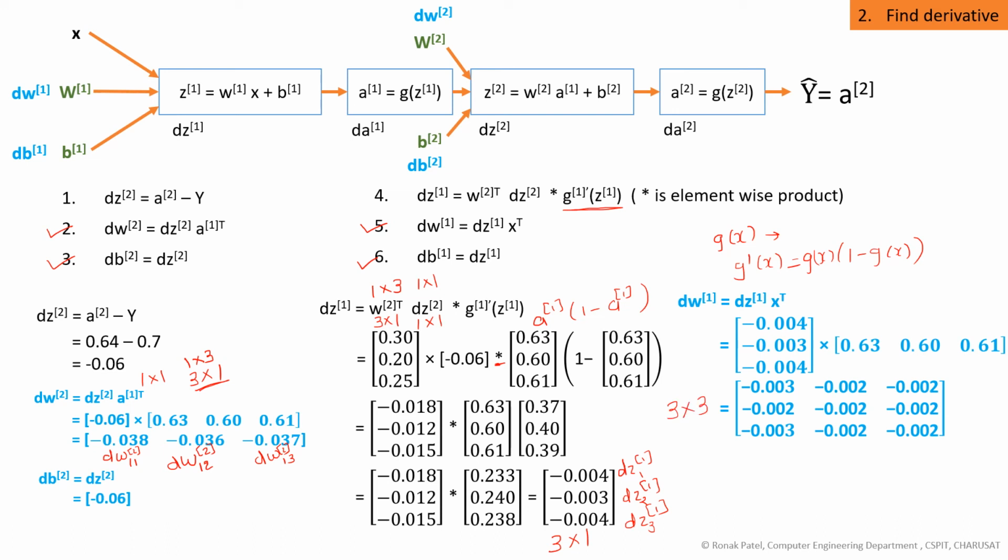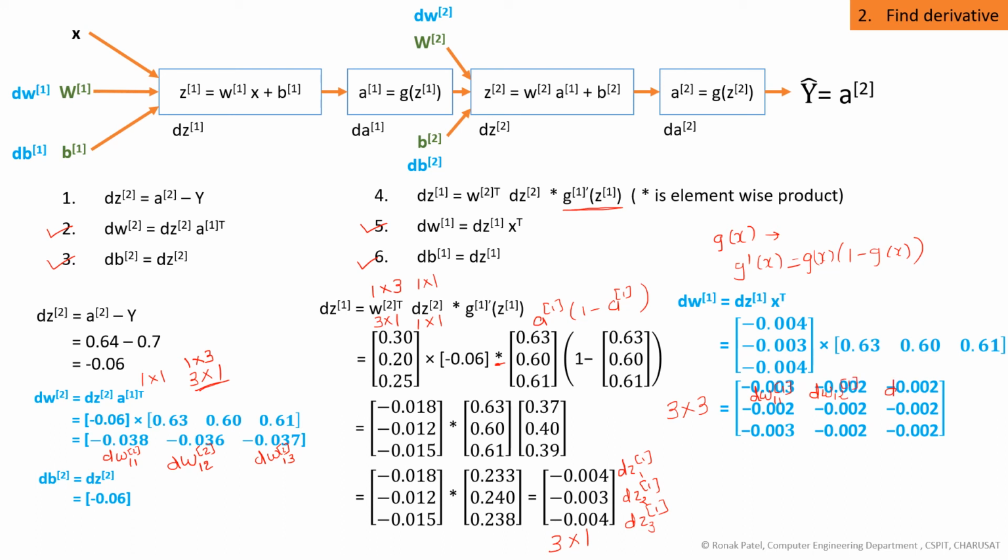What does this 3 cross 3 matrix tell you? This first one is dW1 1 1, the derivative of loss function with respect to W1 1 1. Second is dW1 2 1.